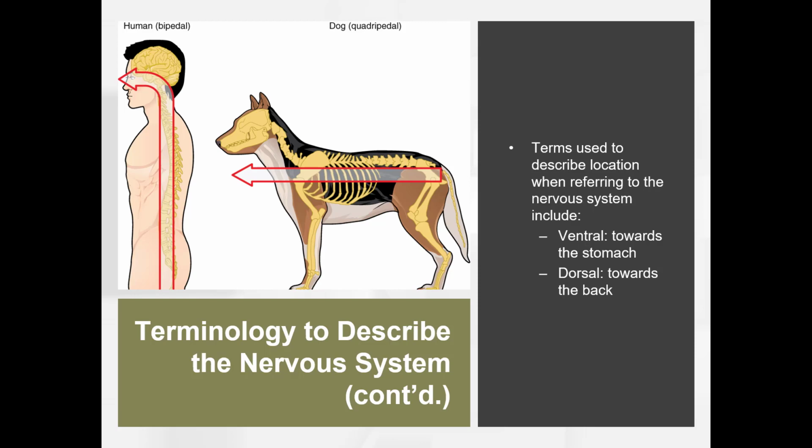In order to do the back to stomach, that's where we have the anterior and posterior. So dorsal is top, ventral is bottom when we are talking about the brain, and it is back and stomach when we're talking about the body. In the brain, anterior and posterior are going to refer more towards the stomach and the back.